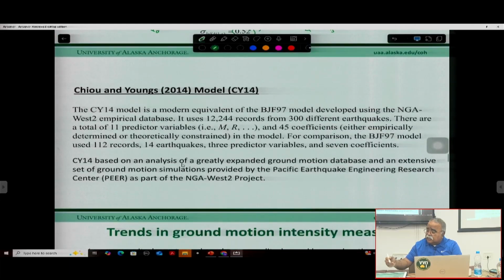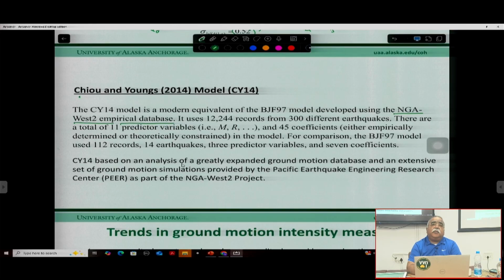And similarly, there was another model. It is called the Chiou and Youngs model, CY14. These are some of the models we are using for the NGA West2 empirical database.